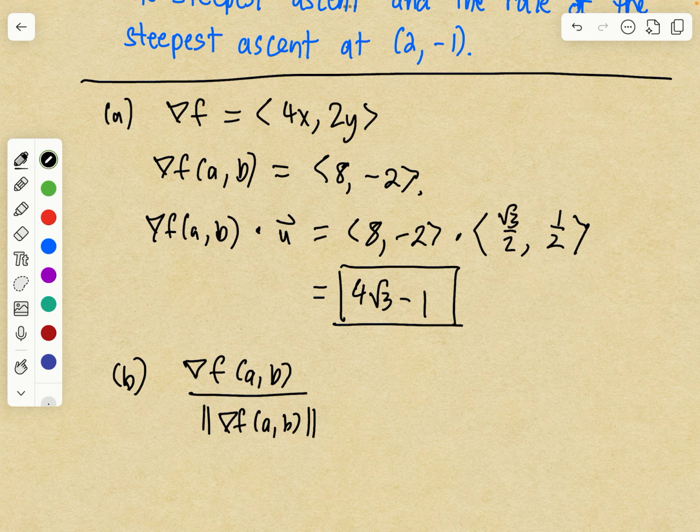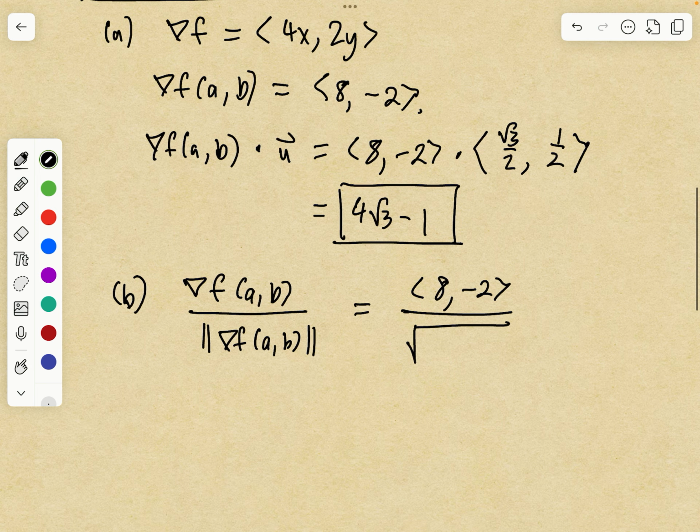So we have 8, -2 divided by the square root of 8 squared plus -2 squared. And that's going to be the square root of 64 plus 4, which is 68. So you get 1 over the square root of 68, times 8, -2.